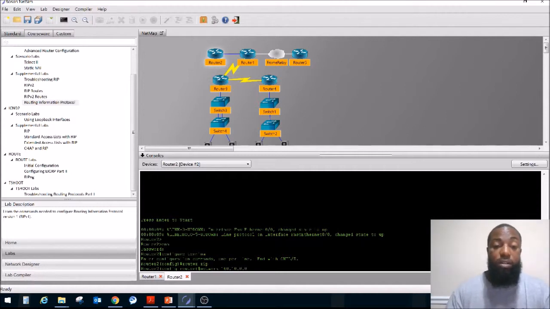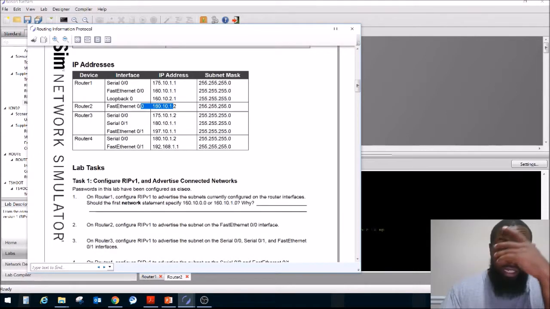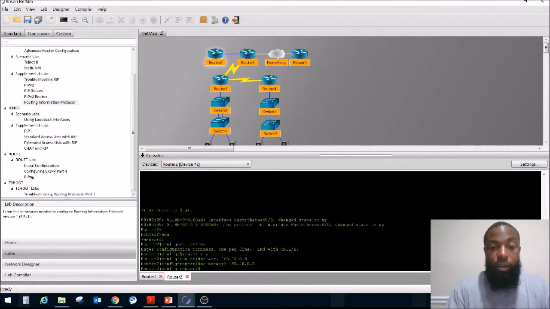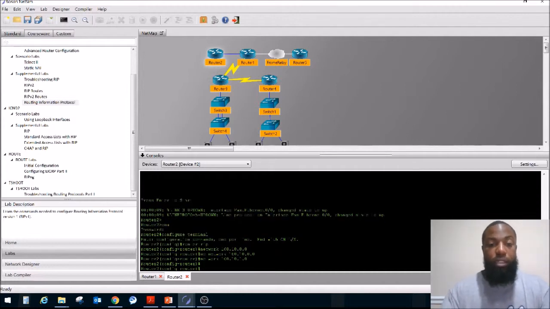We could do 1.0 on this because there's only one interface, but actually, let's be more specific because it says subnet. So let's get rid of that. Control A, no. And then we're going to do network 160.10.1.0, right? We'll do that.